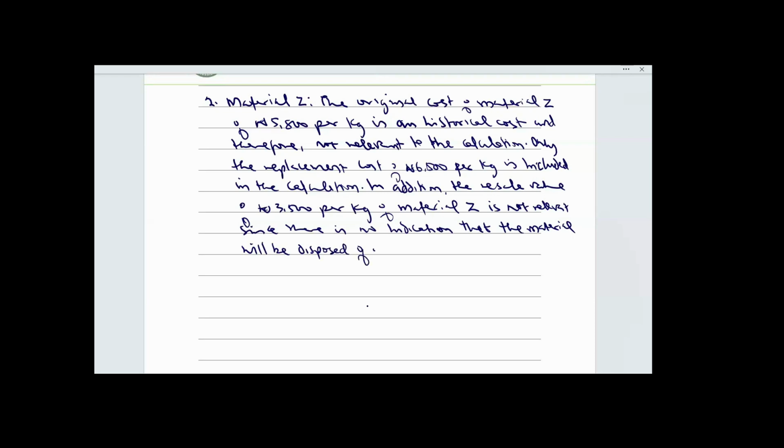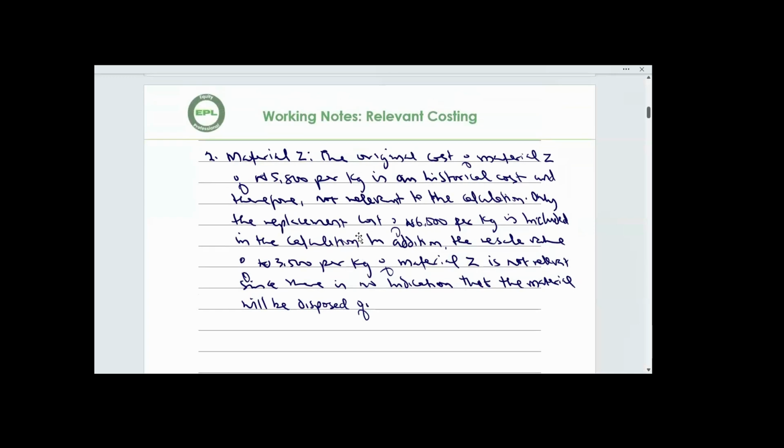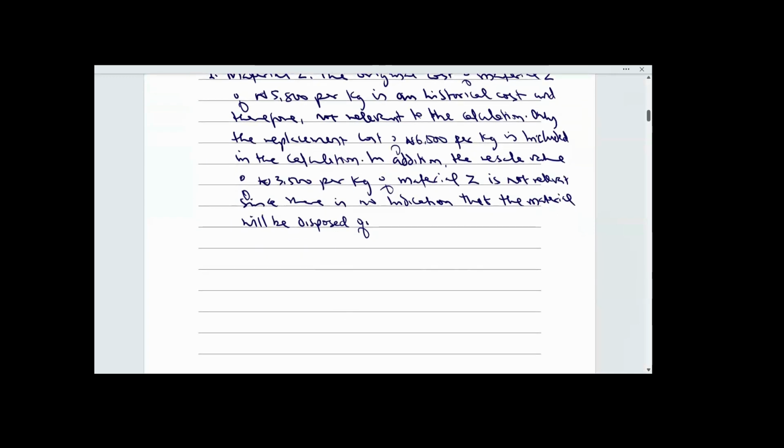Okay, so that's our treatment of the disposal value of 3,500 naira. We are done with that. We have stated our assumption as far as material Z is concerned. Let's move to number 3.